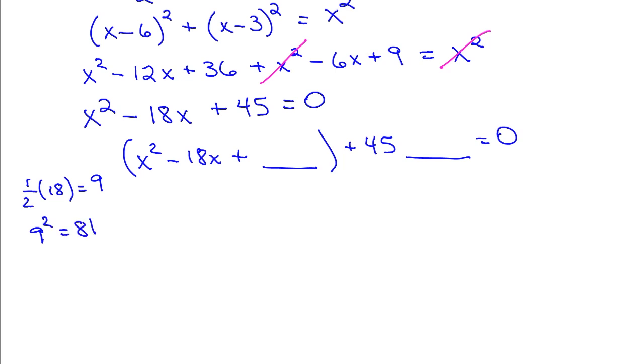So we'll add 81 there. The lead coefficient was 1, so we don't have to do anything special here. We just subtract 81 from the other part. Of course, this factors as x minus 9 squared. 45 minus 81 is minus 36, equal to 0. Now we'll solve this, moving the 36 to the other side.